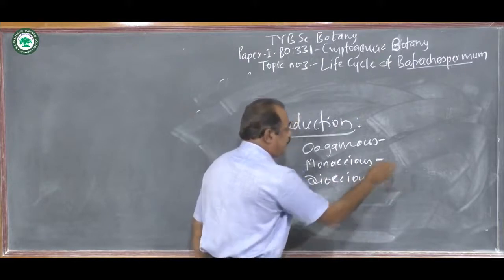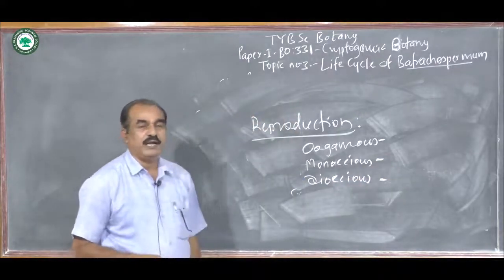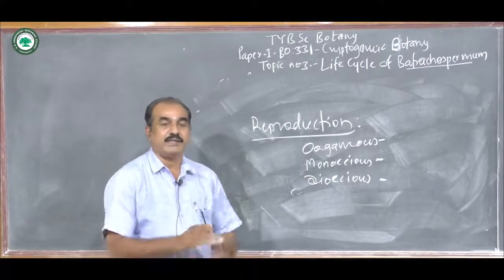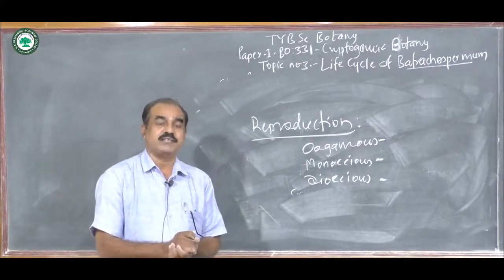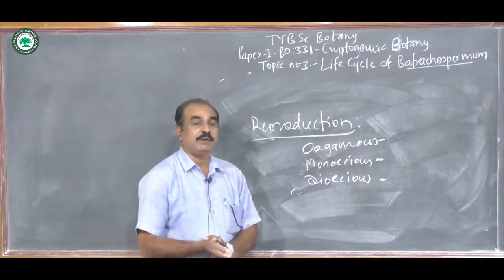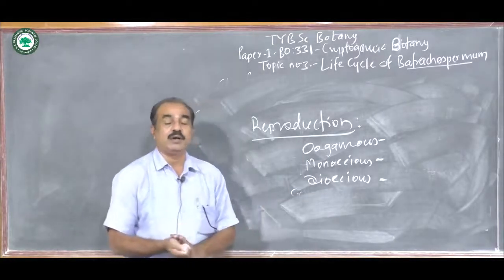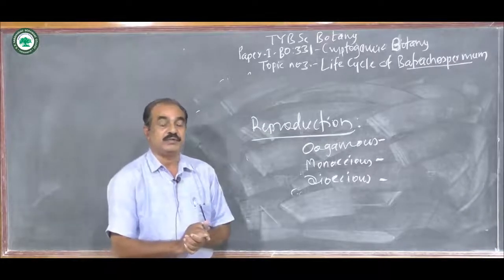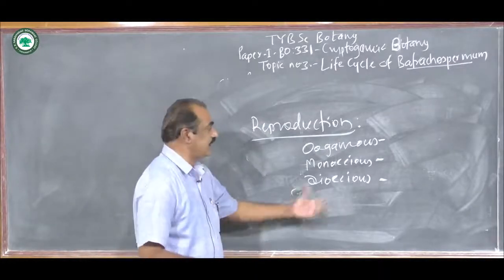That means when both the male and female reproductive structures are developed on one and the same plant, then that plant is called a monoecious plant. But when male and female reproductive structures are developed on two different individuals, then such plants are called dioecious plants.